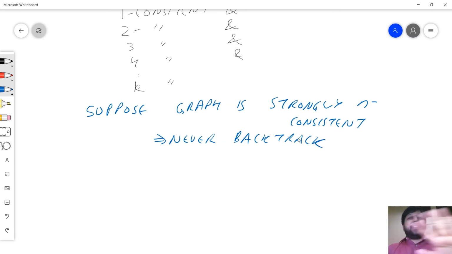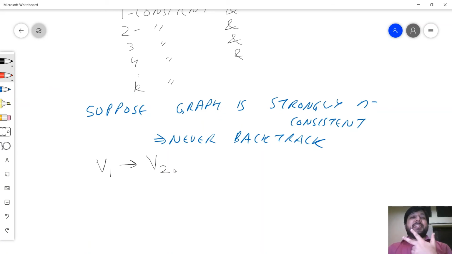No matter what you do, you never backtrack, because you can always take a value of v1, and because you can always take a value of v1, it is strongly 2 consistent. For whatever value of v1 you take, there exists a value of v2.